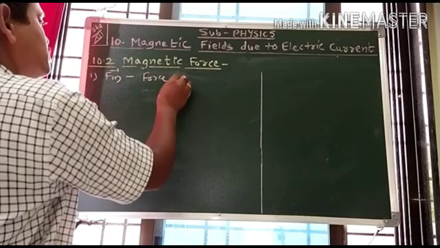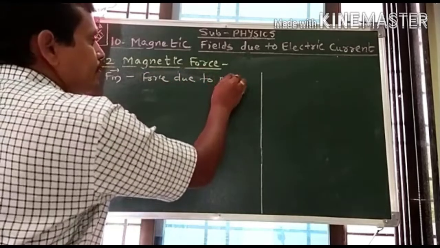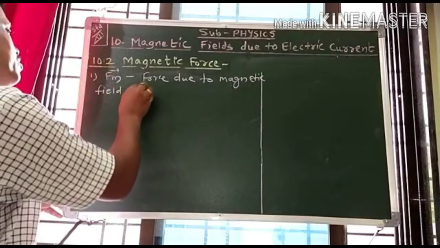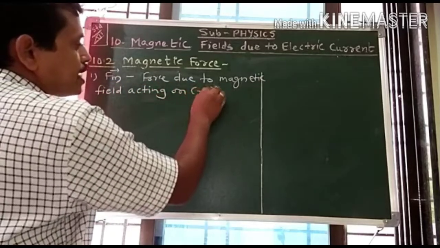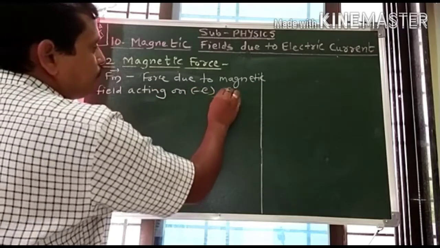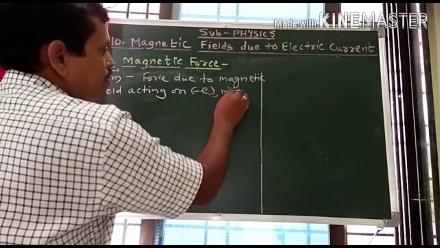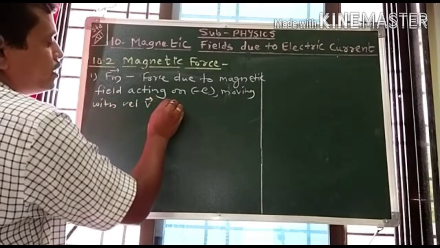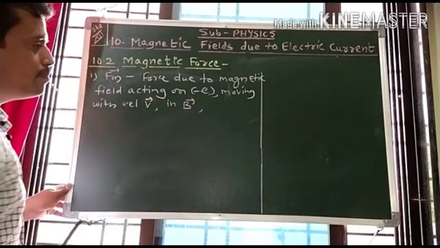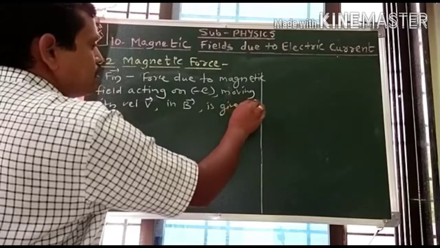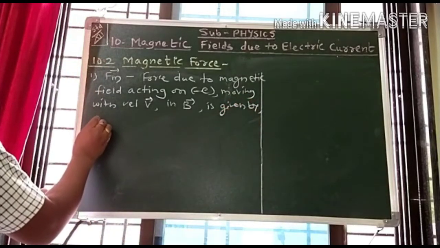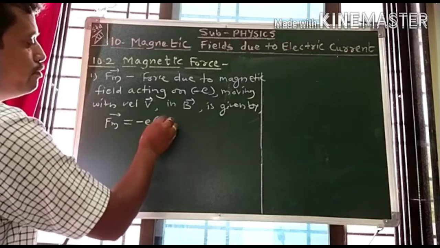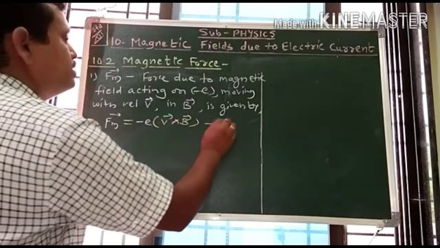The force due to magnetic field acting on an electron having charge -e and moving with velocity vector v in external magnetic field B is given by vector Fm equal to -e into bracket vector v cross vector B. This is equation number 1.